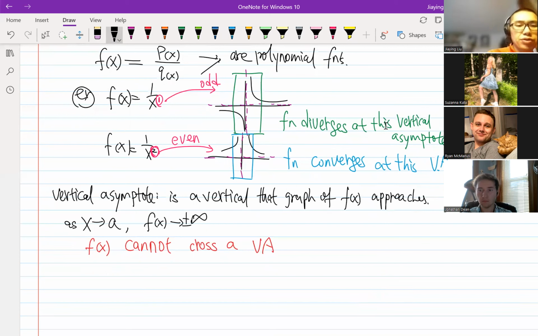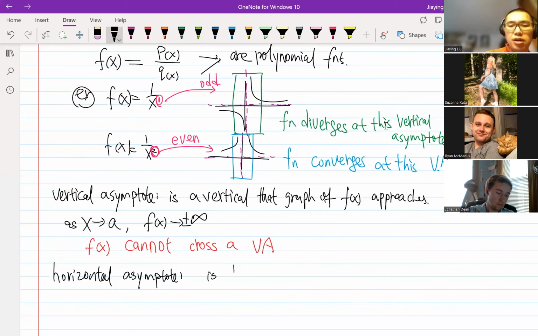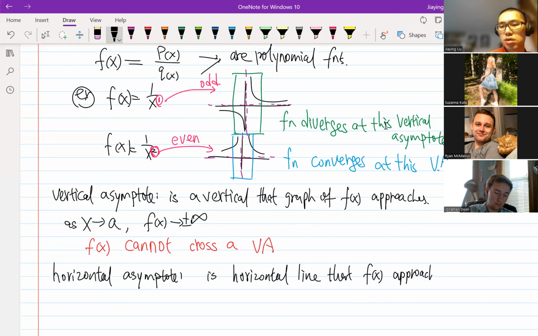And then the next thing is the horizontal asymptote. It is a horizontal line that the function approaches, that f of x approaches as x goes to positive or -infinity.